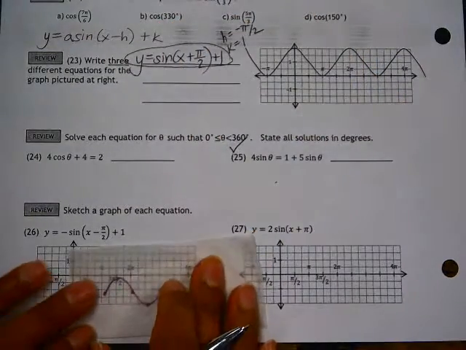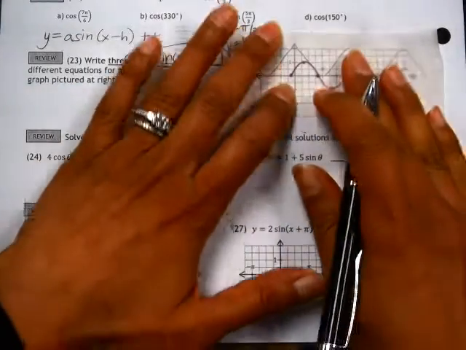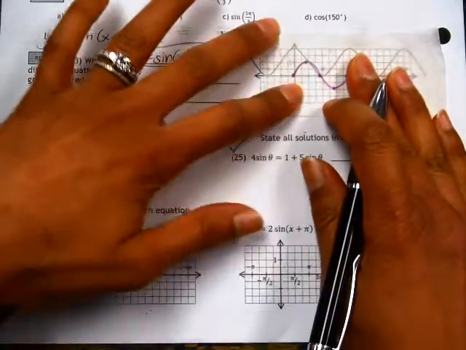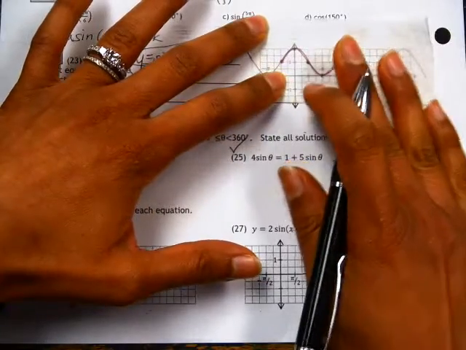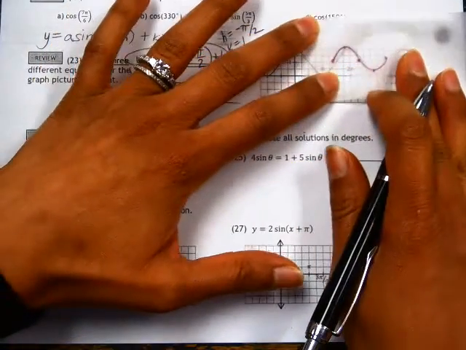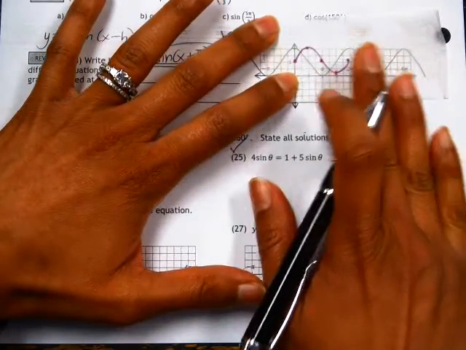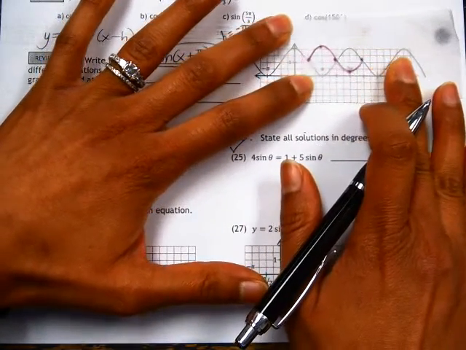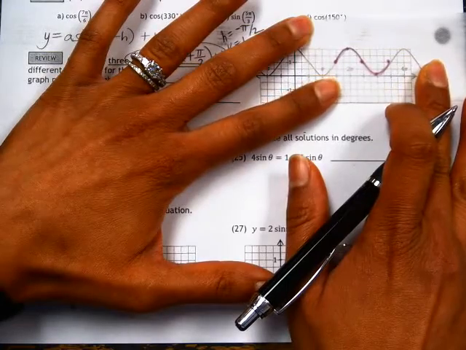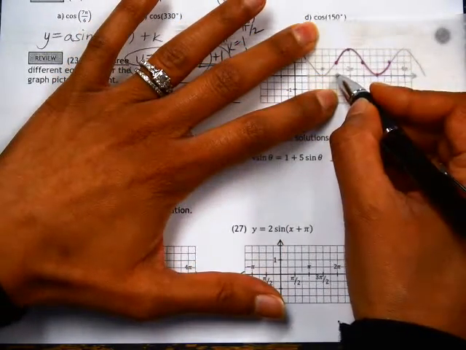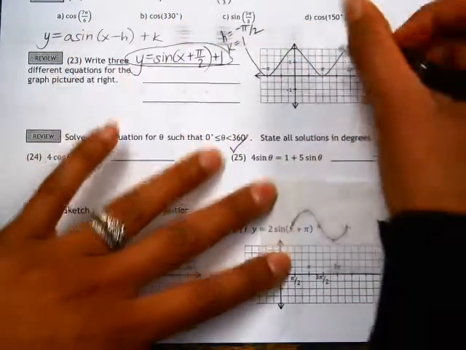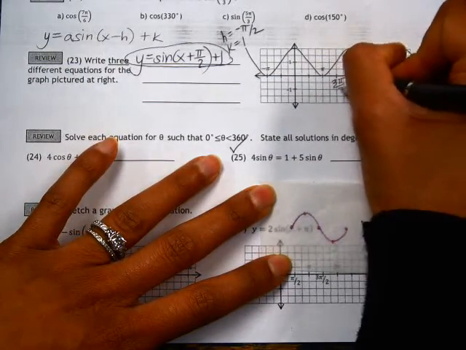So let's look for 2 other possible equations. This first equation matched the graph up over here. So now let's try to match the graph up over here. So we can move the graph up by 1 again, and then right by that many units, which would be this mark. Halfway between pi and 2 pi is 3 pi over 2.